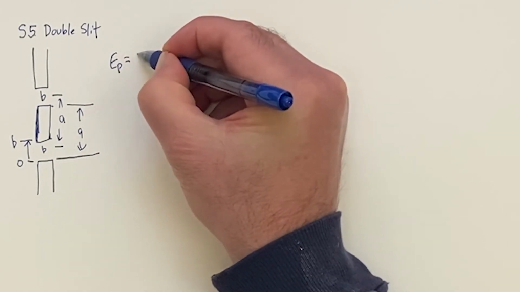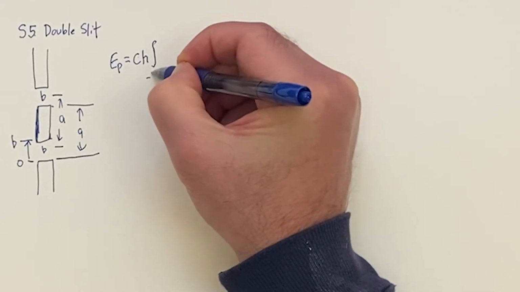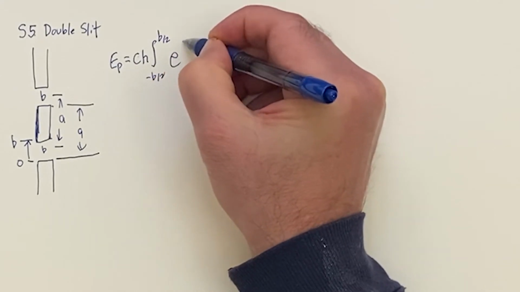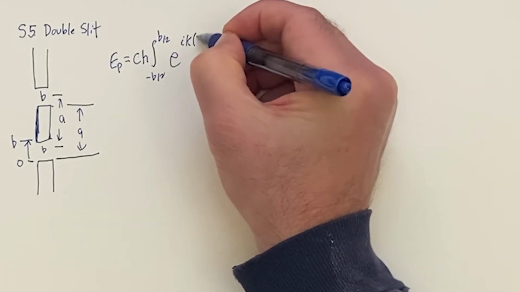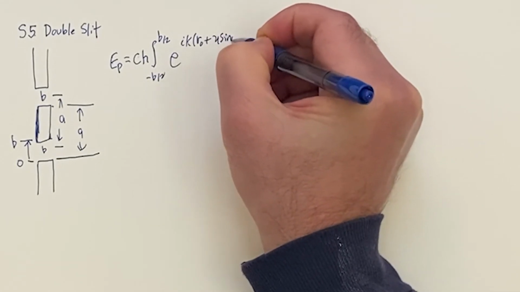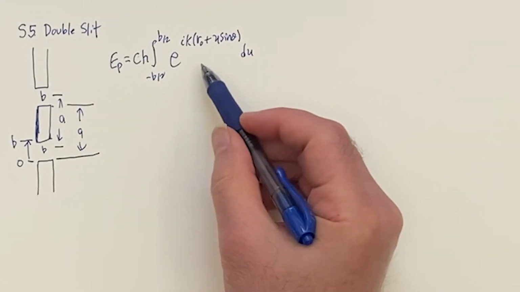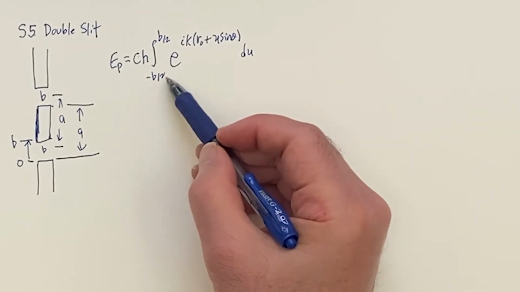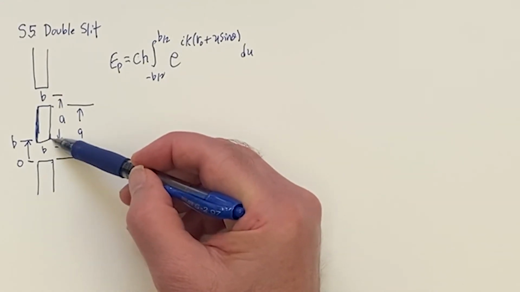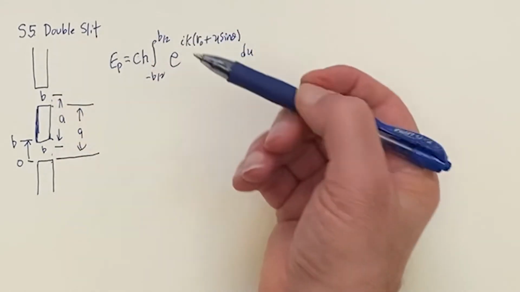It's time to do math, because we have this case. We had this case before. Let's just go ahead and review what we had before. E to the i k r naught plus u sine of theta du. And we're going to adapt this by, instead of integrating from minus b over 2 to plus b over 2, we're going to go from 0 to b. And then we're going to have a piece to go from a to a plus b.